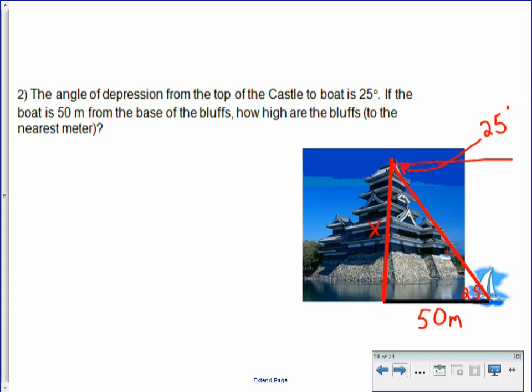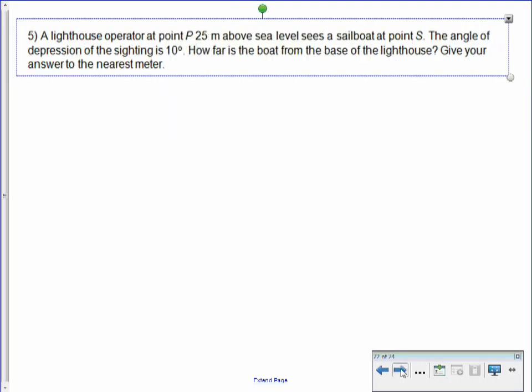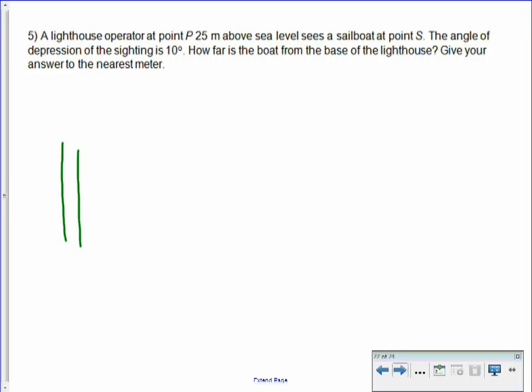Okay? Let's take a look at another one real quick where we have that same kind of thing happening. Let's take a look at number 5 there that you tried. We have a lighthouse operator. We have the lighthouse. He is 25 meters above sea level.